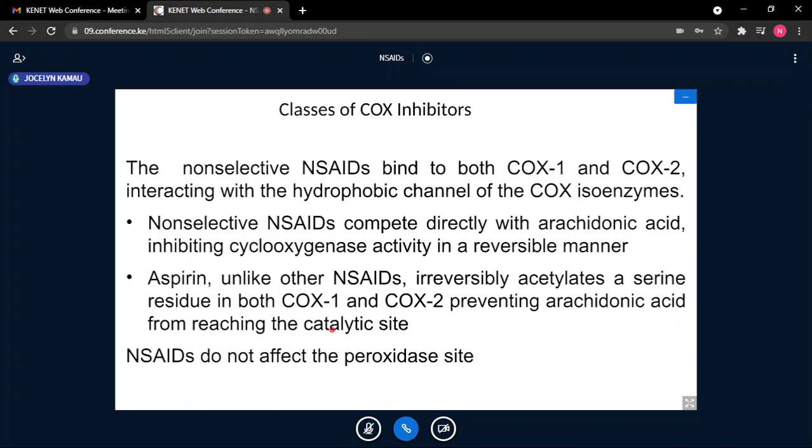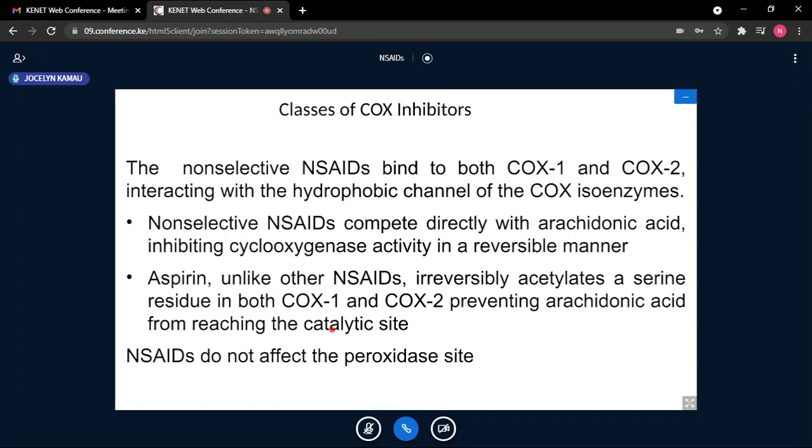If you look at the structure of aspirin, the hydroxyl group has been acetylated. So when that aspirin gets close to the COX enzyme, whether COX-1 or COX-2, these enzymes have a serine moiety. Remember, what is a serine moiety? A serine moiety has a hydroxyl group.